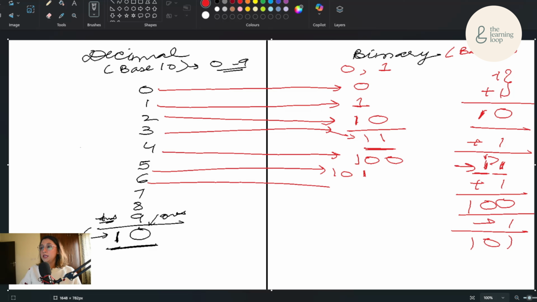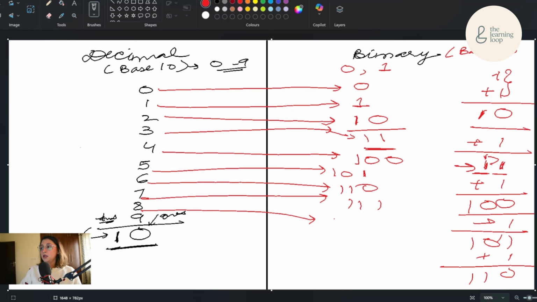Now let's check out how 6 would be presented: 1 plus 1 is 0, 1 carry forward, 1, so 1, 1, 0. 7 would be presented as 1, 1, 1, and 1 plus 1 gives us 8, which would be 1, 0, 0, 0.